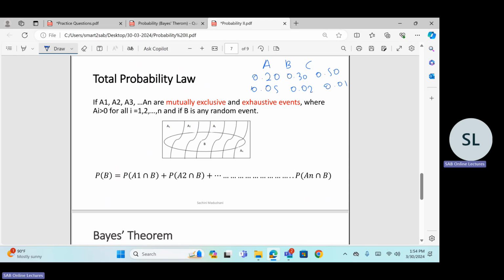But now we discuss their common event. What is the common event here?